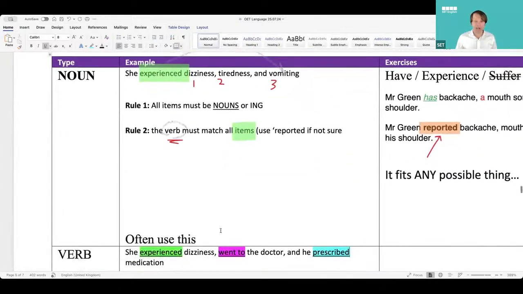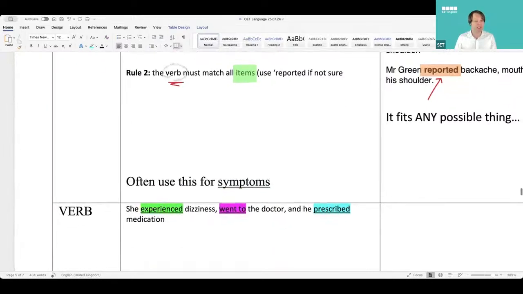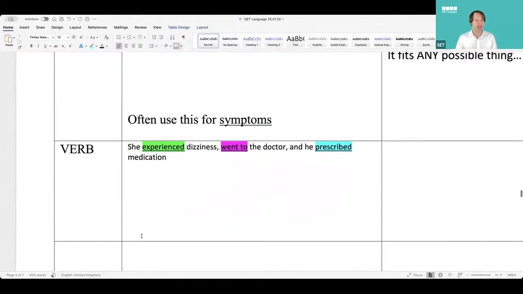Okay, guys, noun listing, we often use this for symptoms. But verb listing, we can use this for many things. You can tell a story with verb listing. You know what I mean? Like this: I got up, had breakfast, and went to work.